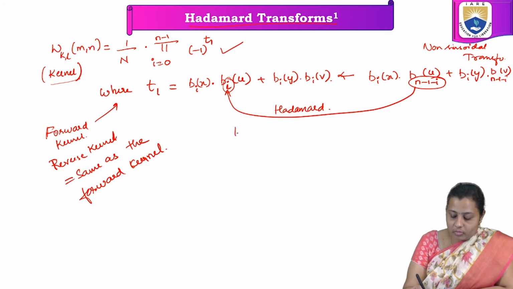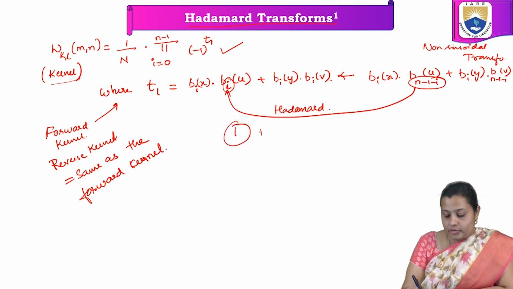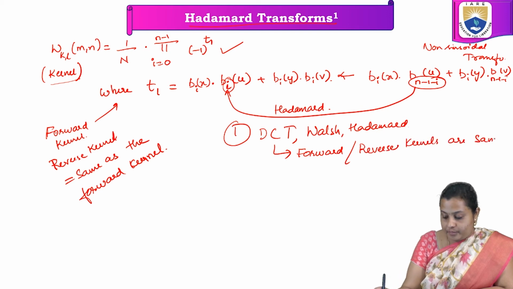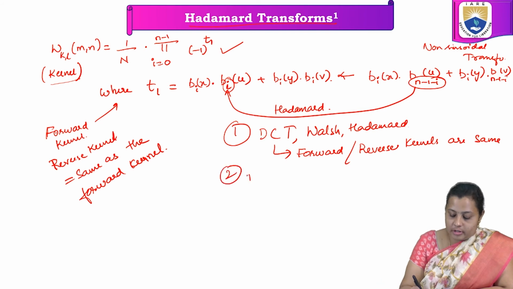So we observe that for DCT, Walsh and Hadamard, the forward kernels and the reverse kernels are the same. But when we come to the discrete Fourier transform or the Fourier transform, they differ by a sign, right?